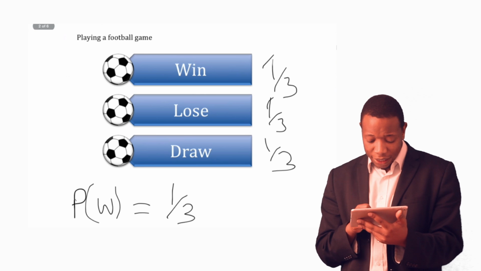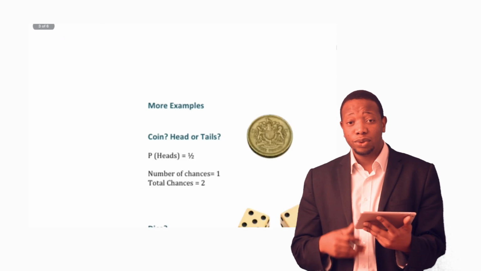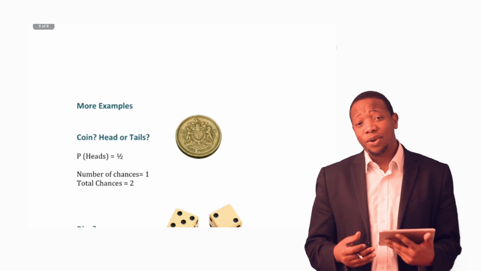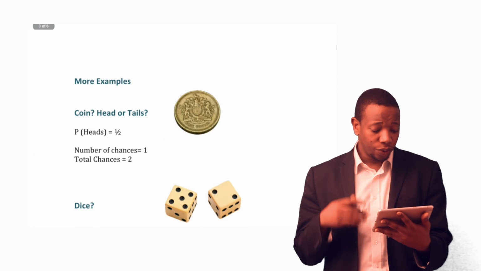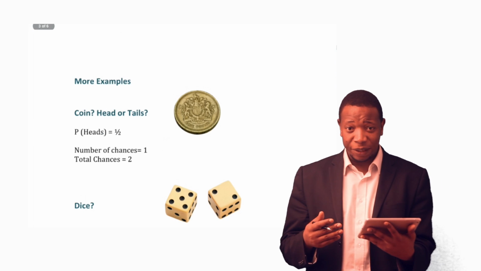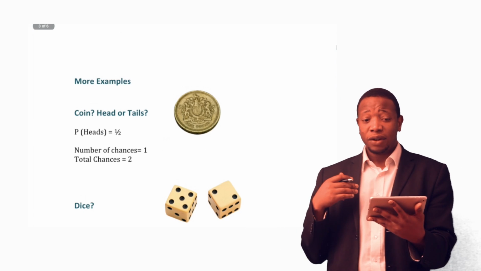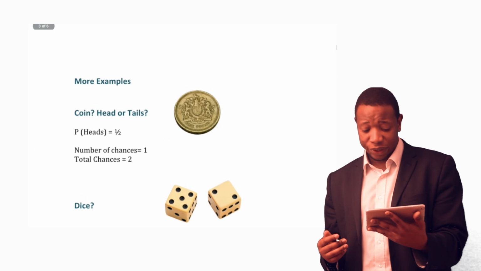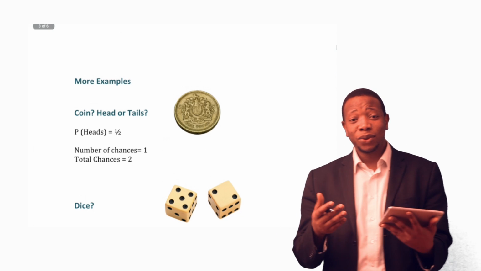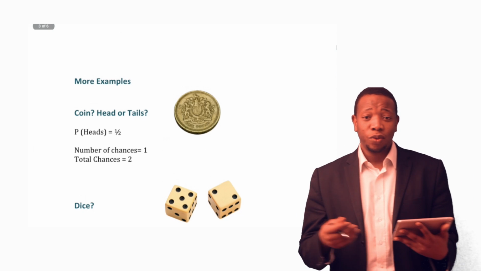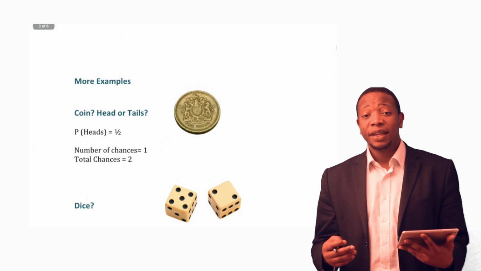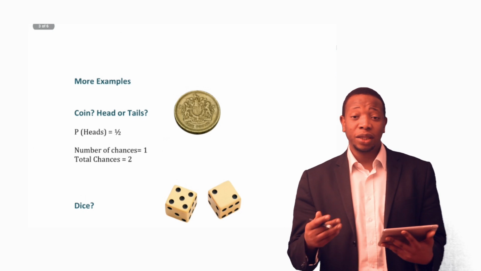Now we want to look at more examples so that we get used to the idea of probability. Another example could be a coin. We can still connect it to football, where when they start the game, they toss a coin to see who gets to kick the ball first.